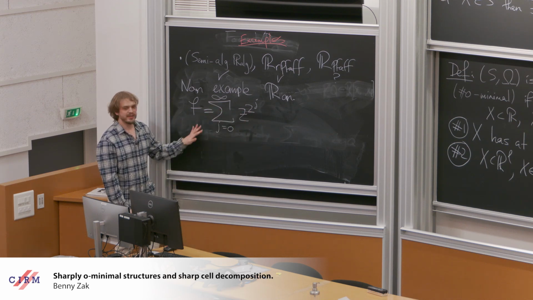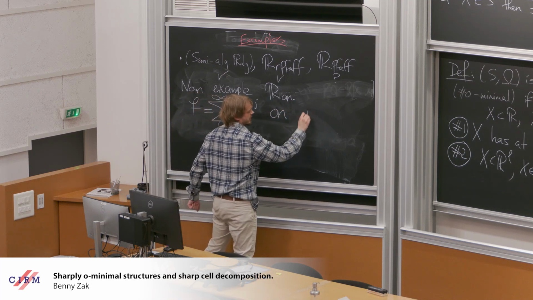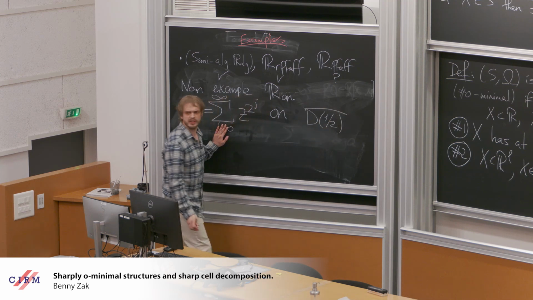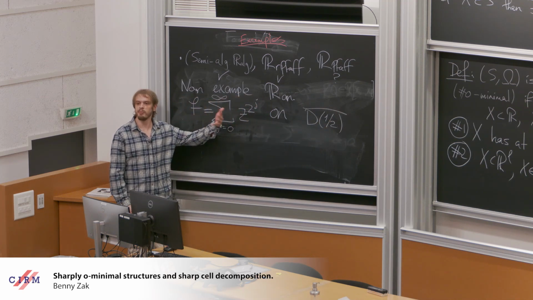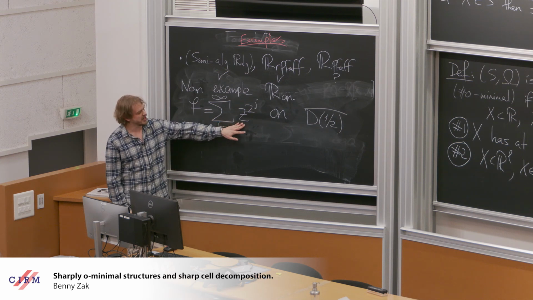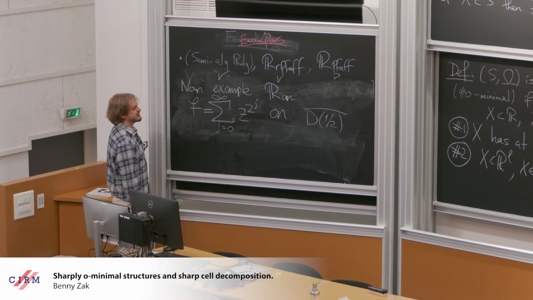And I claim that this function, which has radius of convergence 1, let's look at it restricted to a disk of radius 2. It's a complex function, and yesterday in Adele's talk, Adele explained what it means for a complex holomorphic function to be definable, right? So this is what it means: a complex holomorphic function, its real part and imaginary part are definable analytic functions. And suppose that it has some kind of format and degree.